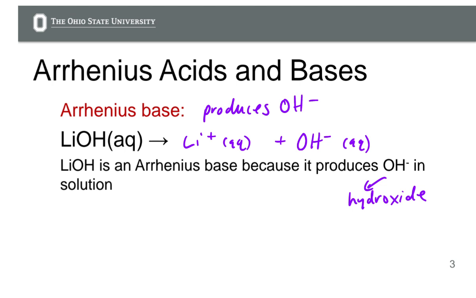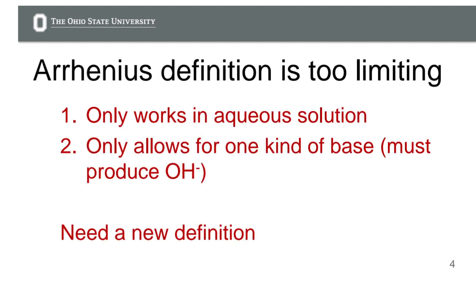So, as I keep saying, this Arrhenius definition is really limiting. Okay, and it's limiting in two ways. It only works in aqueous solution, which, to be honest, is what we're mostly going to be thinking about.